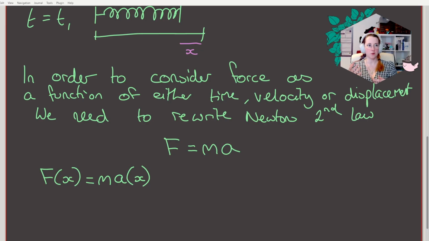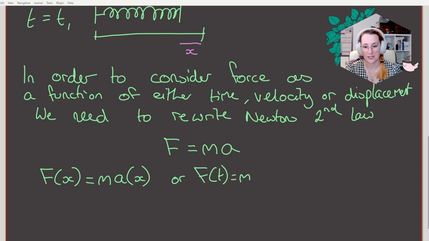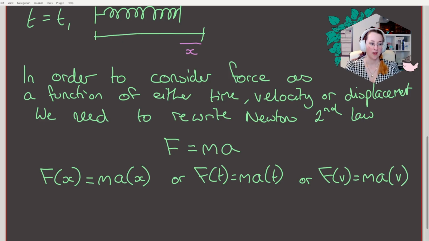A constant can't be equal to something that changes. Something that changes has to be equal to something that changes. So we have to write F of x is m a of x, or F of t is m a of t, or F of v is m a of v.